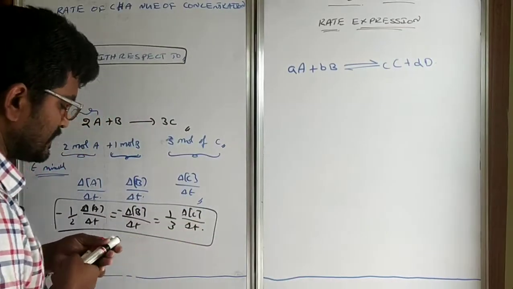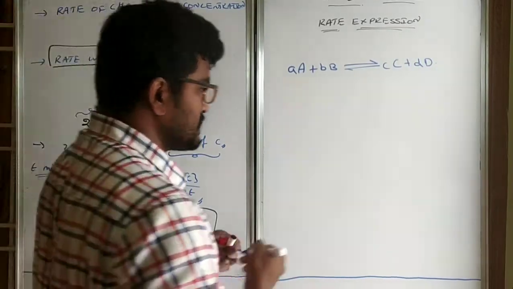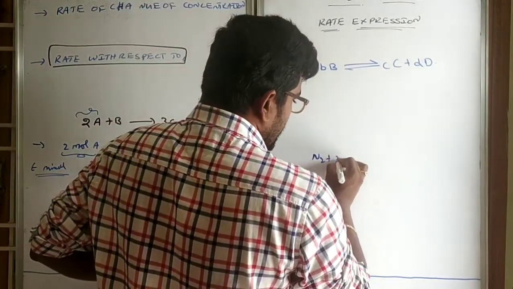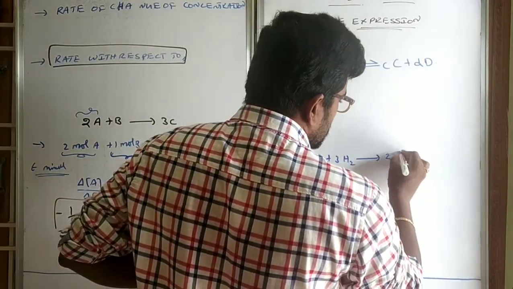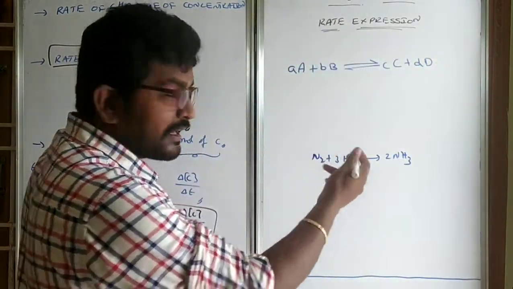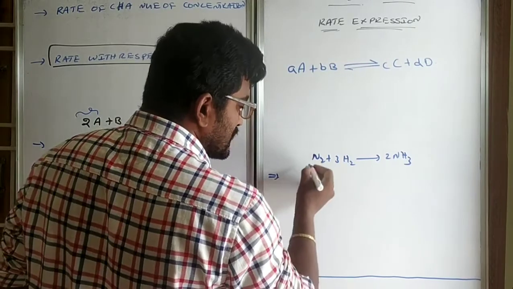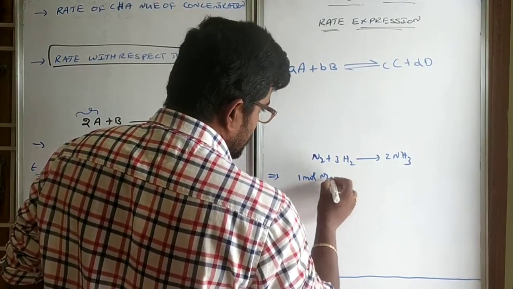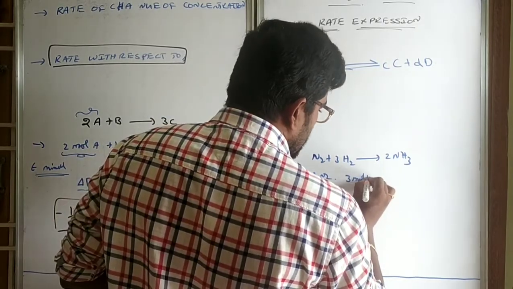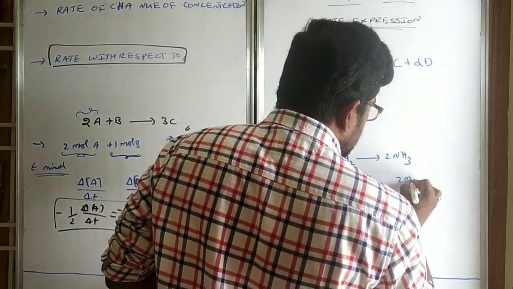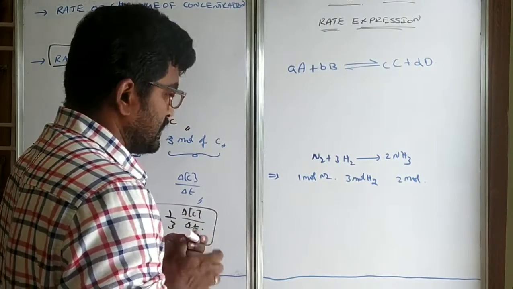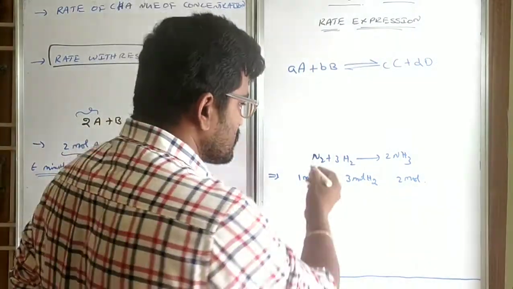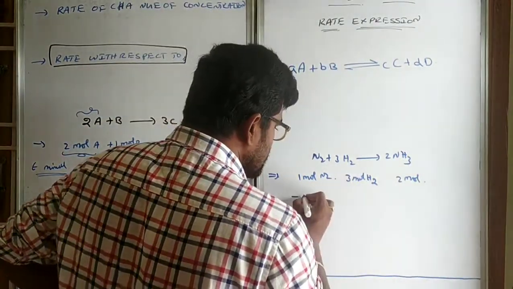Let me tell you one example with this. N2 + 3H2 gives 2NH3. According to the reaction, 1 mole of nitrogen reacts with 3 moles of hydrogen and forms 2 moles of ammonia. What is the change in concentration of nitrogen and hydrogen?